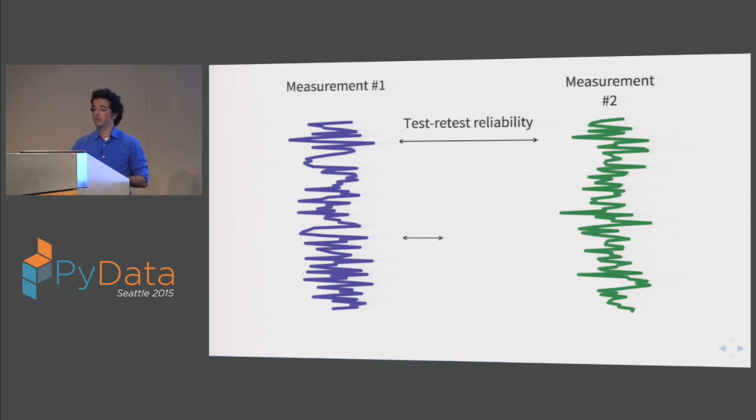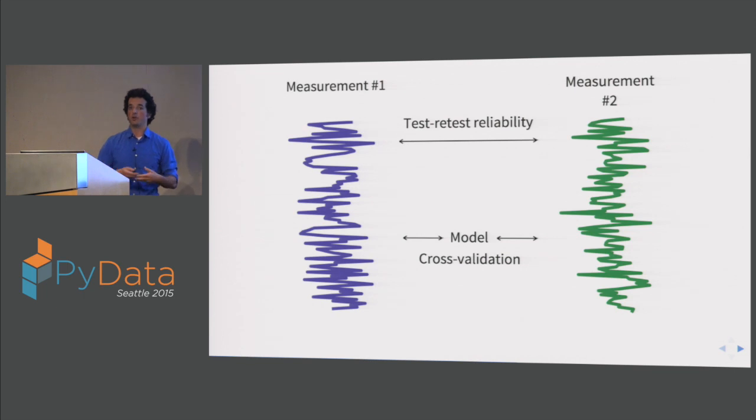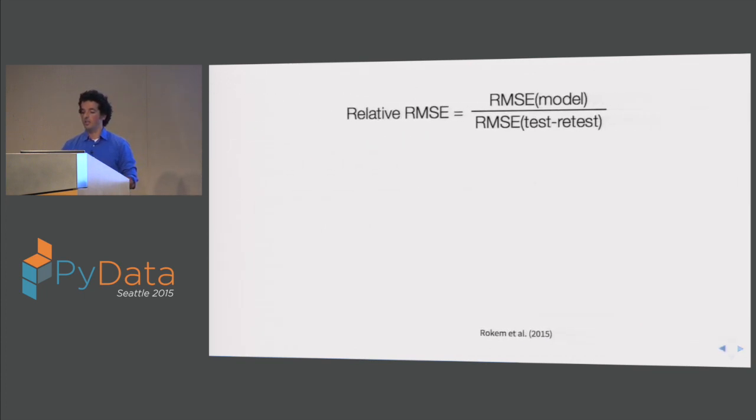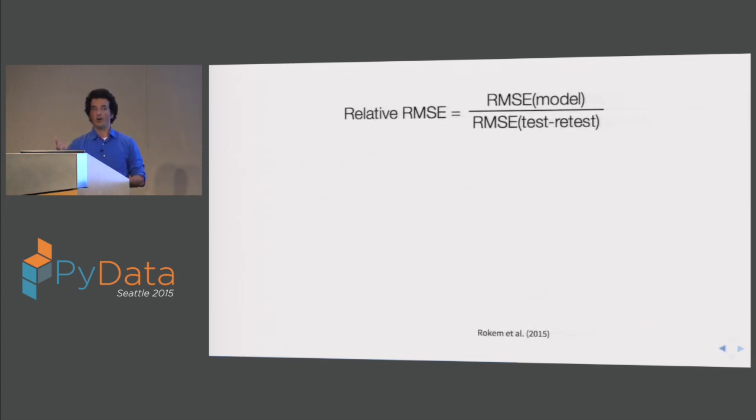For comparison, we can fit a model to one of these signals, and then try to predict the second measurement from the model. And that's called cross-validation. This allows us to compare model performance in cross-validation to test-retest reliability. We can distill down the differences into one number that we call the relative root mean squared error.